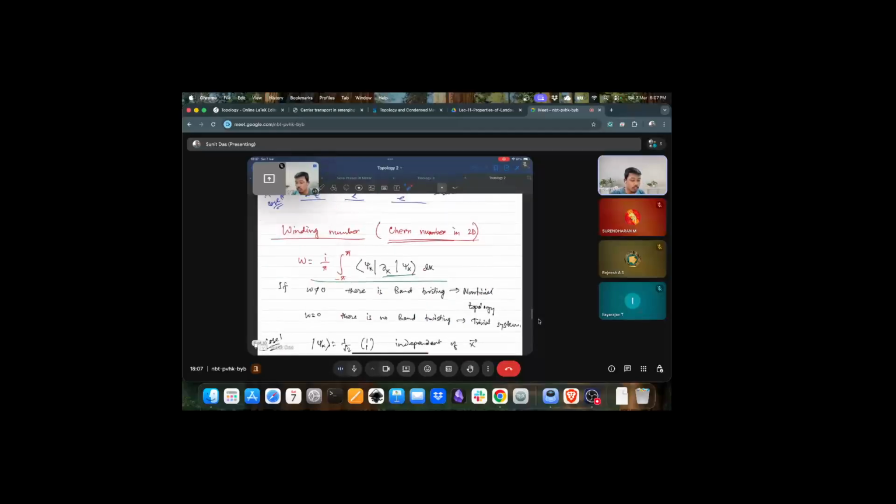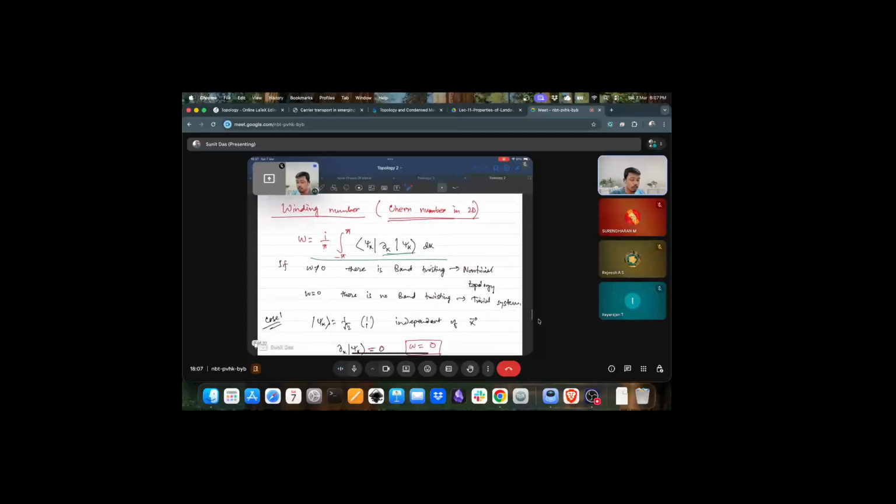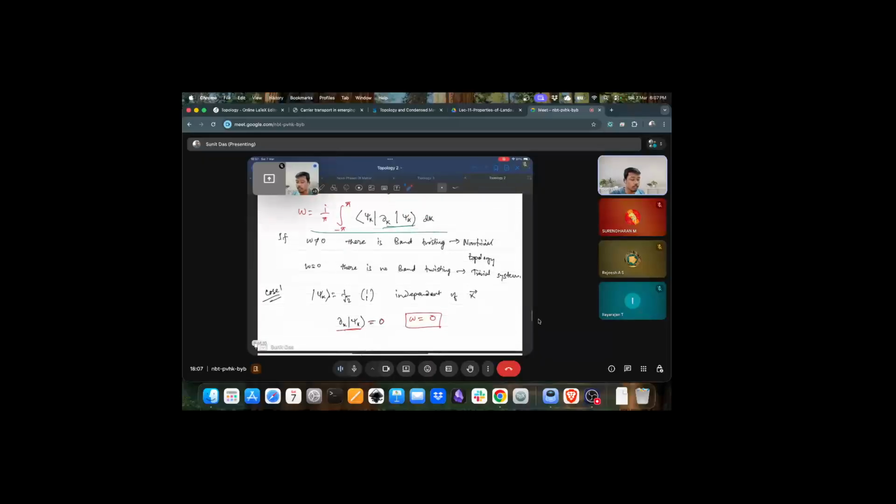And to quantify this band twisting, we introduce something called the winding number. This was the expression of the winding number, where given the wave function, you can calculate the winding number, and if the winding number is non-zero, that means it is non-trivial. There will be band twisting, and that reflects non-trivial topology in the system.